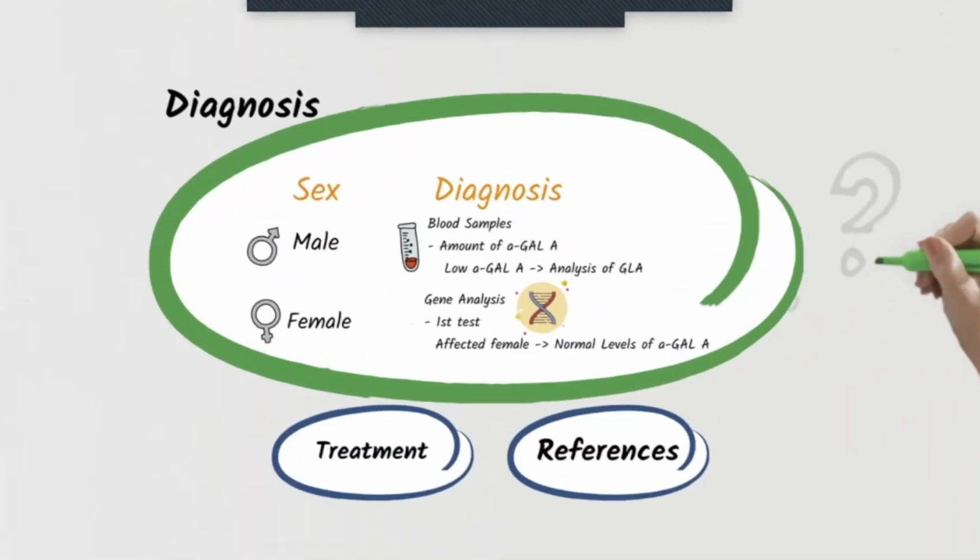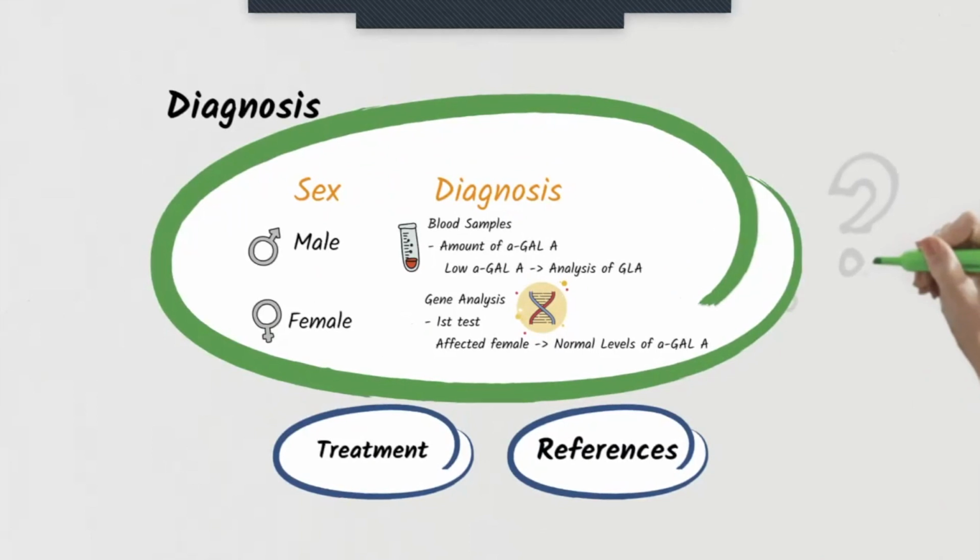What is really necessary to be mentioned is that the diagnosis differs between males and females. In the case of males, the diagnosis happens through the blood sampling test, which basically measures the amounts of alpha-galactosidase. In the classical type, there is no enzyme alpha-galactosidase.